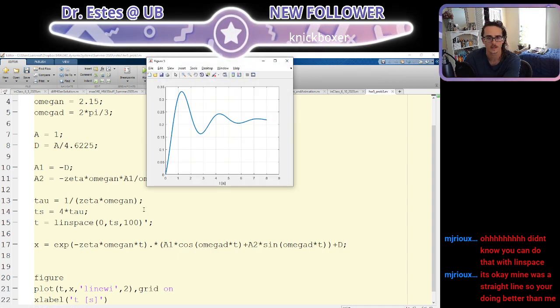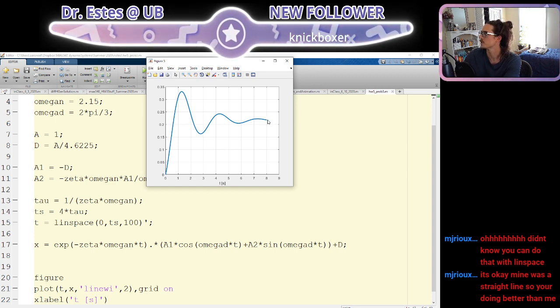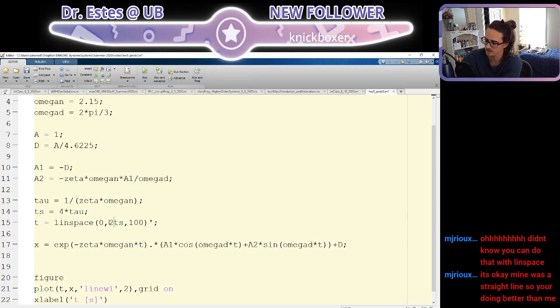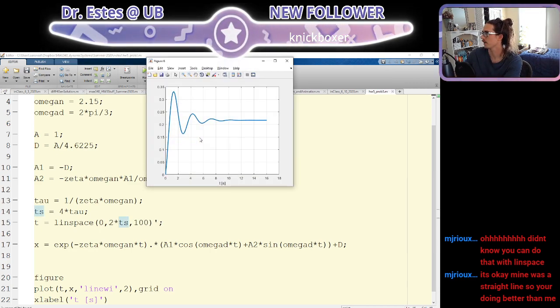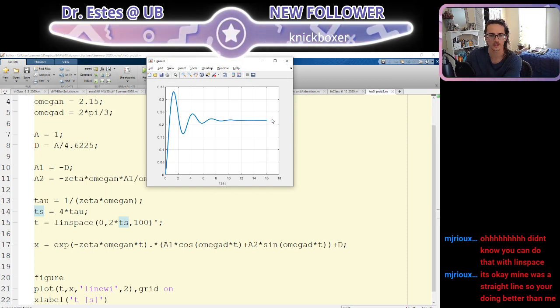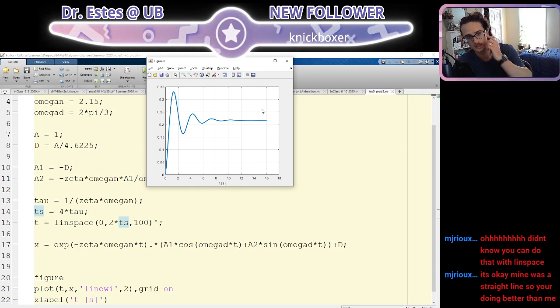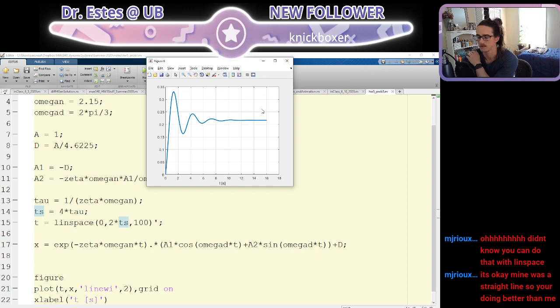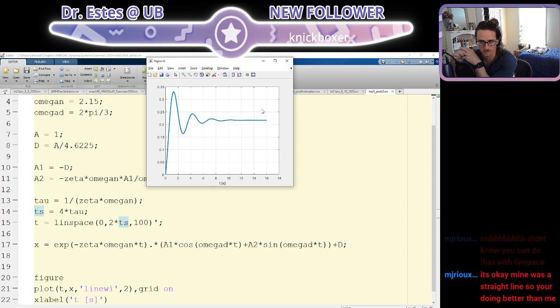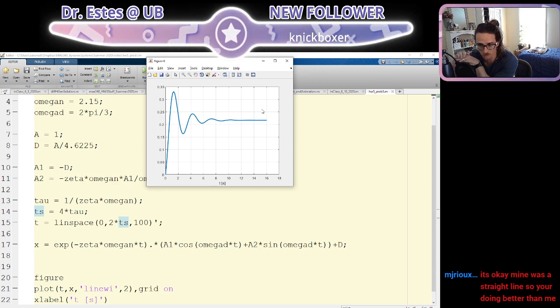Okay. That looks better. But notice it's only going... let's plot 2 times the settling time so we can see its final value a little better. So it's going out to like 0.22 or something. If I want it to go to 1, actually we can use what we learned today. The output of this system is like 5 times too small, right? It's going to 0.2, but I want it to go to 1.